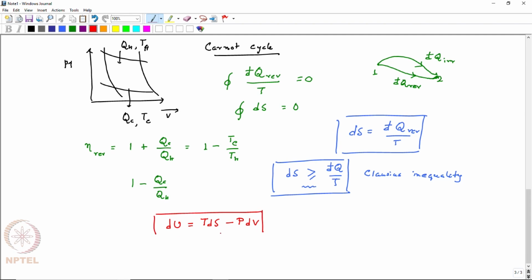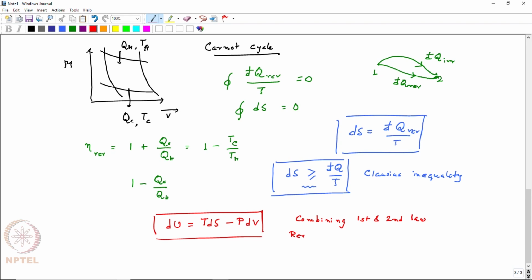So that is one of the most fundamental equations in thermodynamics, which we get by combining the two laws, the first and second law of thermodynamics. But this is true for a reversible process, not for an irreversible process.